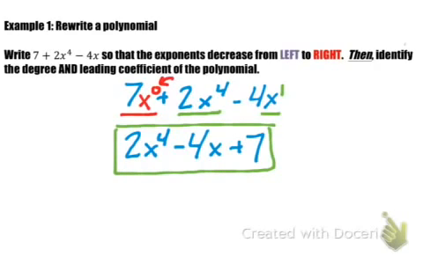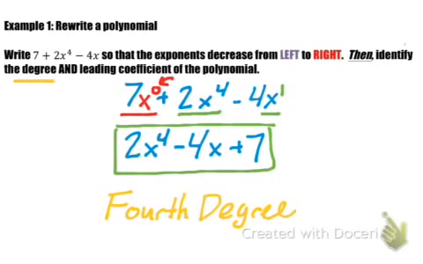Alright, so now we have to identify the degree and the leading coefficient of the polynomial. So now that we have our polynomial written so that our exponents decrease from left to right, we would describe the degree as a fourth degree. Okay? So then after that, we have to identify the leading coefficient.